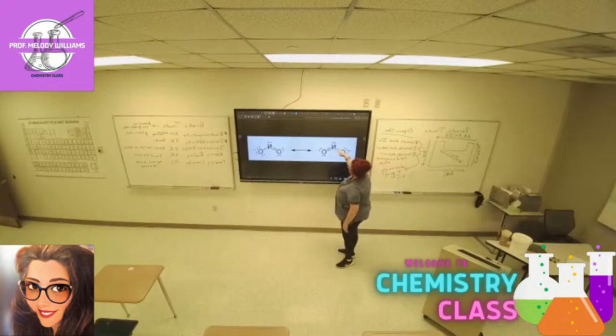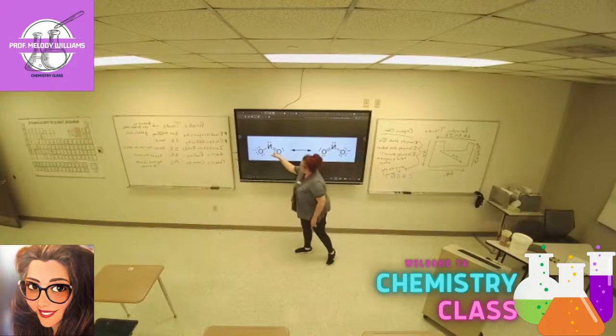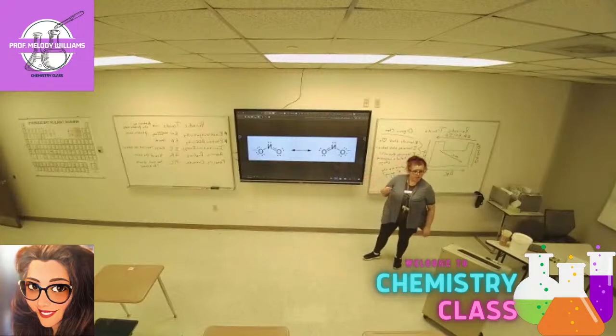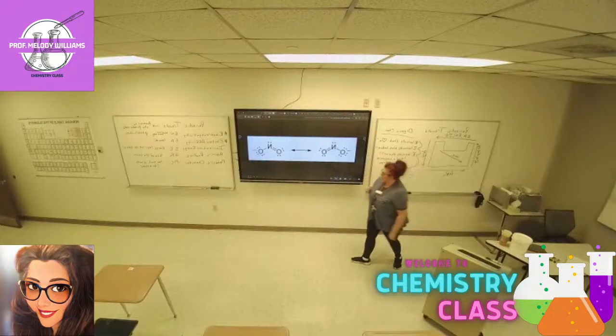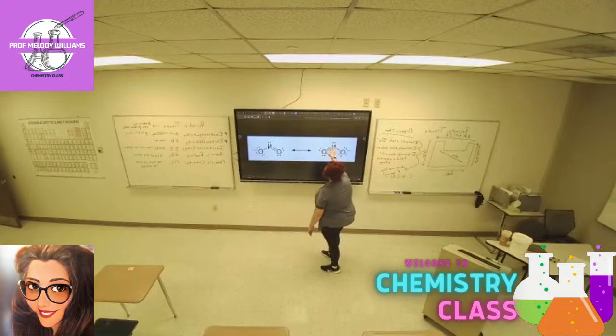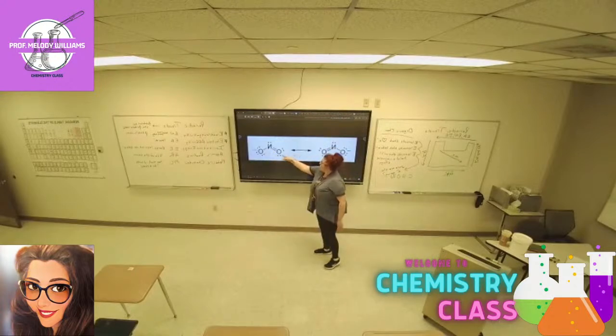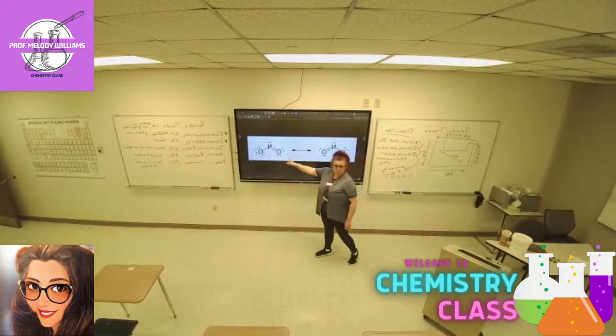And here, they can shift back and forth between these two bonds. So when you draw a Lewis structure of certain polyatomic ions, you can draw it this way, but you can also draw it this way. This arrow means it goes back and forth between the two.